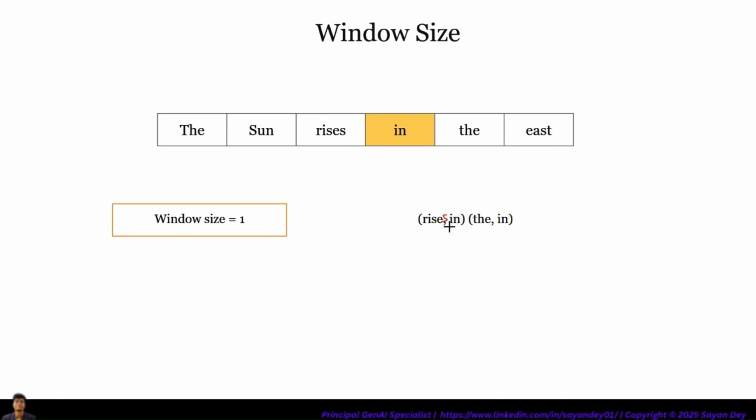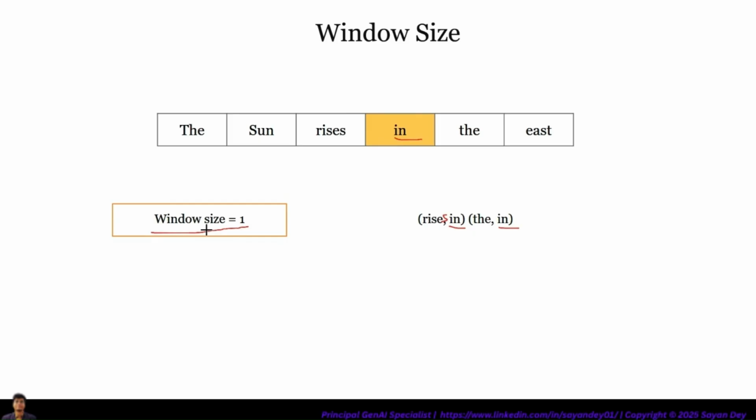So if you focus on the word in, with respect to the word in, to the left of it, we have rises. To the right of it, we have the. If you consider a window size equal to 1, and these are important terms, when I show you the hands-on demo for how to create a Word2Vec model, you will set these parameters. These are hyperparameters. So you can use something called a window size to determine the context.